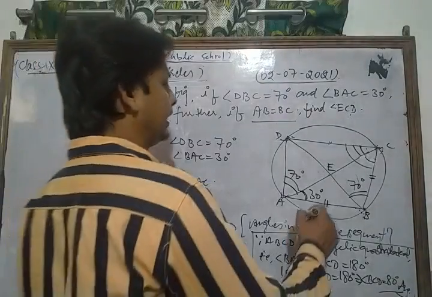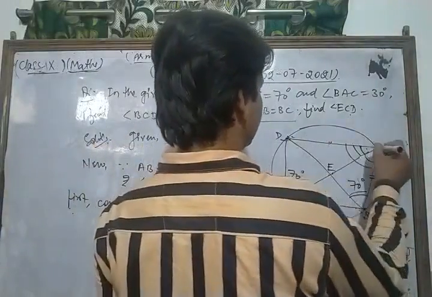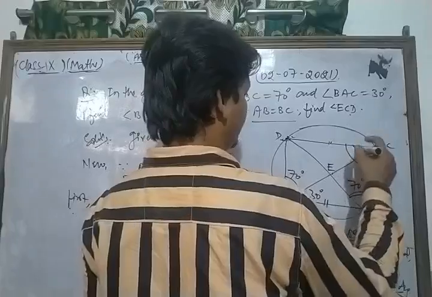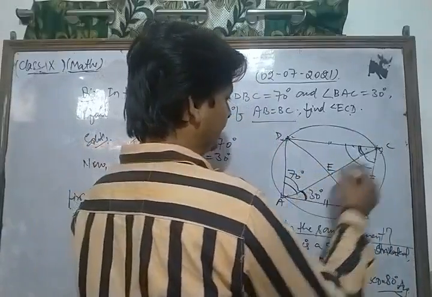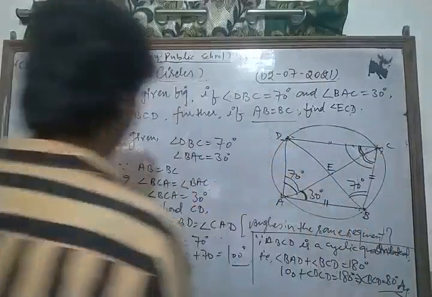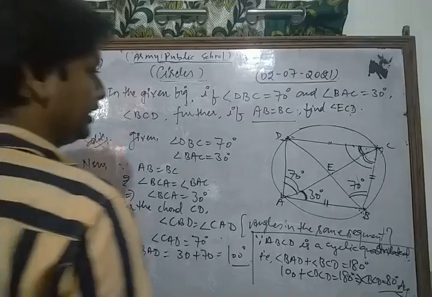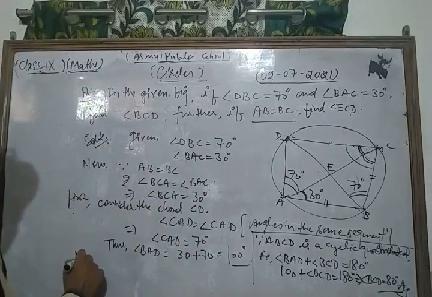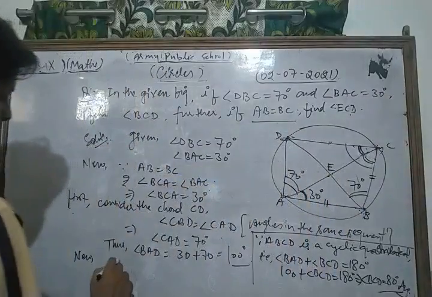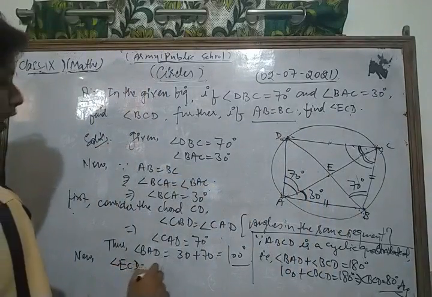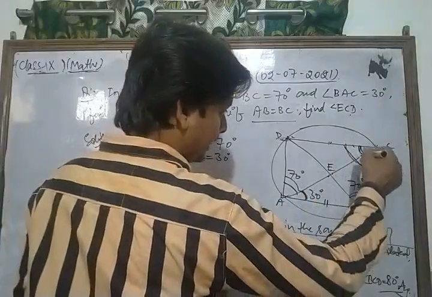Now we also find angle ECD. We already found that angle BCA is 30 degrees. Angle ECD is the whole angle minus that angle.